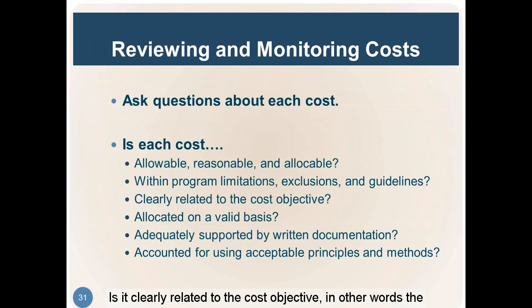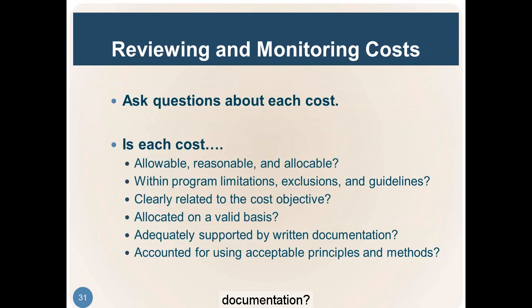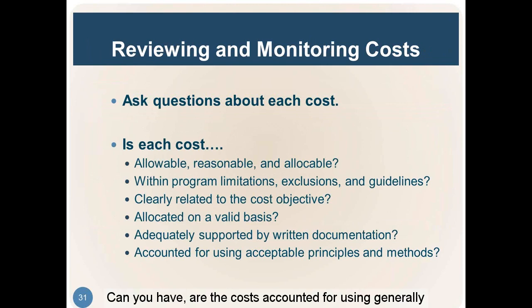Is it clearly related to the cost objective, or in other words, the funding of LIHEAP in this case, allocated on a valid basis, as we just said? And of course, as always, are the costs supported by written documentation? Are the costs accounted for using generally accepted principles and methods?